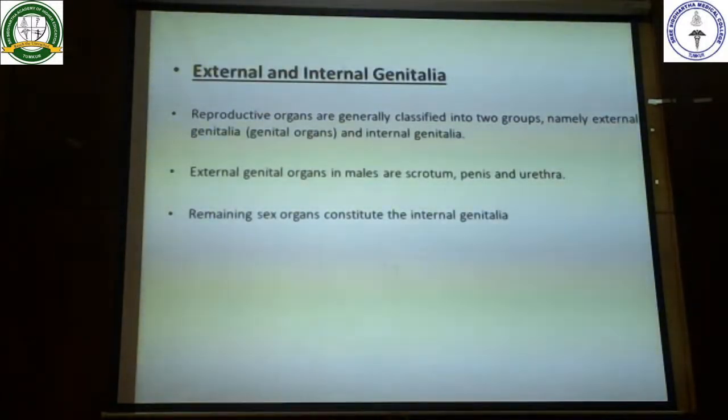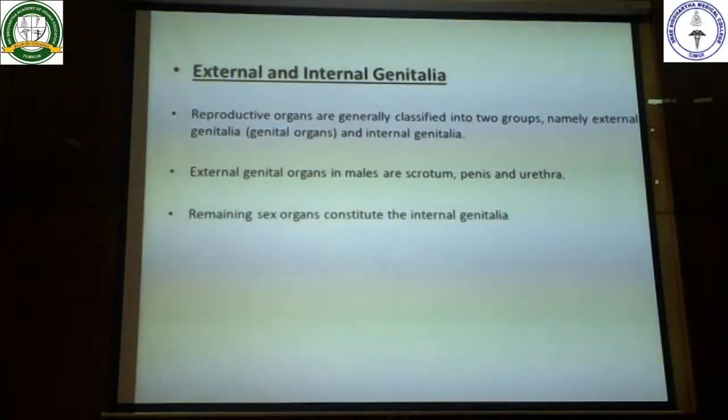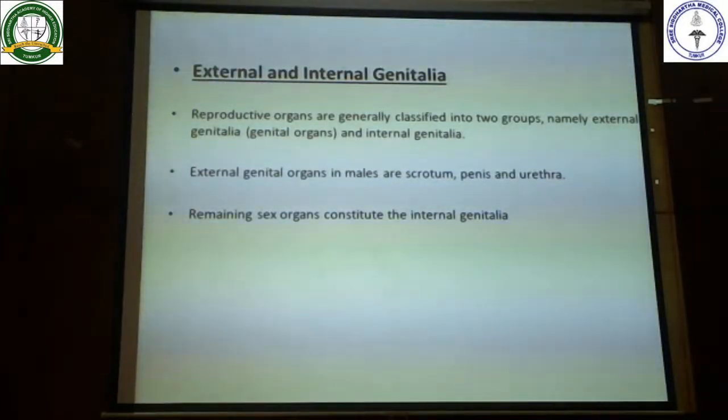As far as the genitalia are concerned in males, you can divide them into two things: the external genitalia and the internal genitalia. In males, the external genital organs include the scrotum, in which rests the testis, then the penis and the urethra.